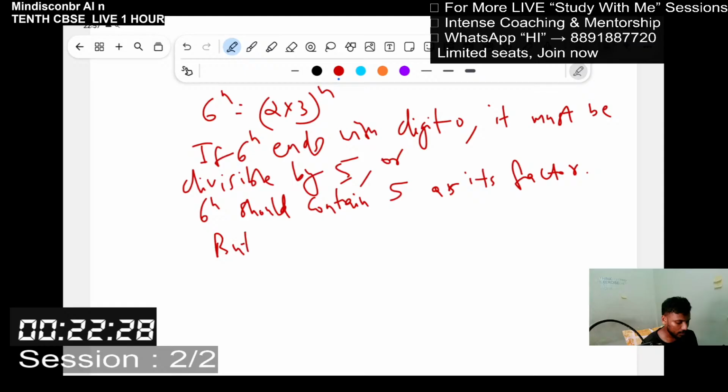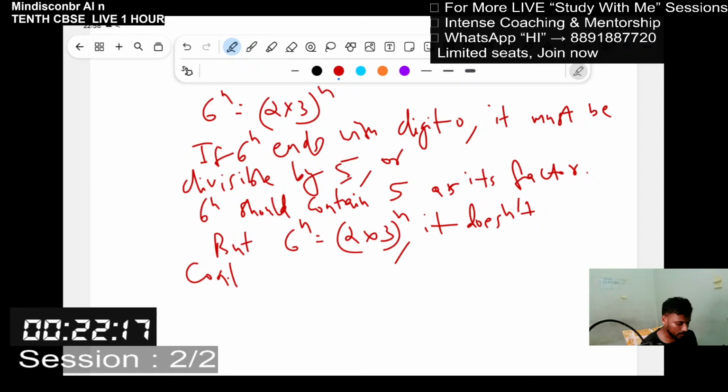But 6 raised to n is equal to (2 into 3) raised to n. It doesn't contain 5 as a factor.